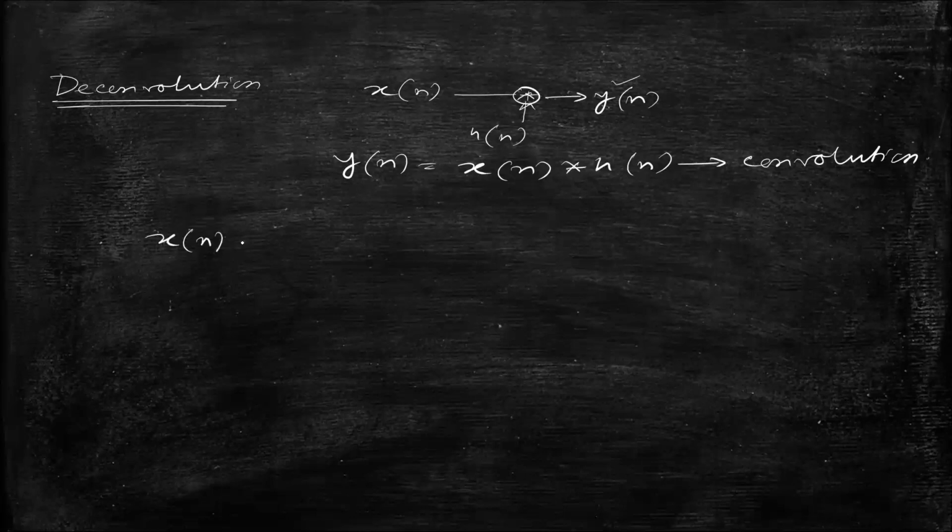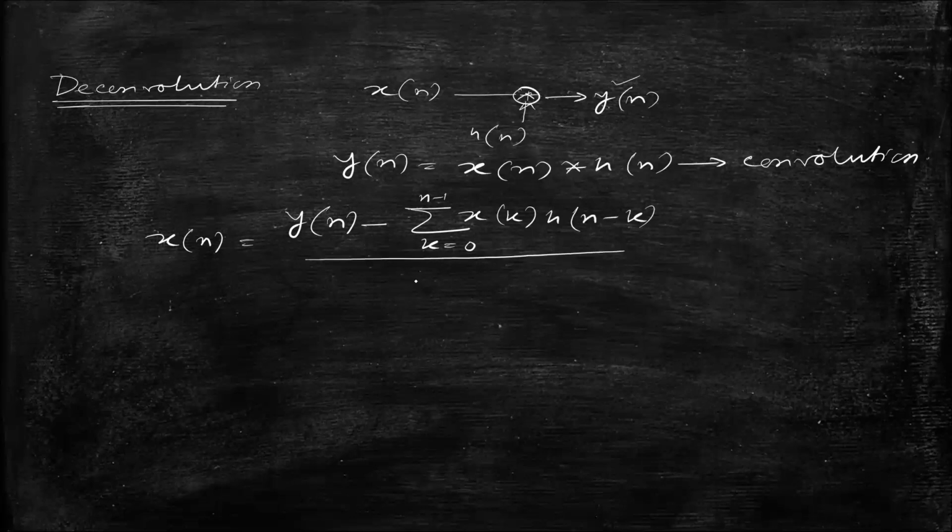Deconvolution is calculated by the formula x of n equal to y of n minus summation k equal to 0 to n minus 1 of x of k h of n minus k, whole divided by h of 0. That is the formula for deconvolution.